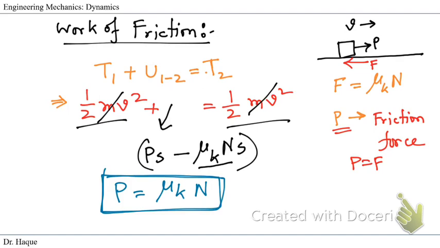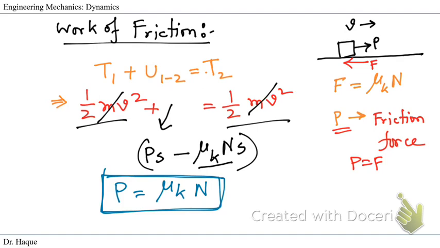So this is valid. We can apply this principle of work and energy for friction cases. One more thing, just for our understanding: during friction, if we rub something against each other, there is heat generation. So how do we consider that heat generation?